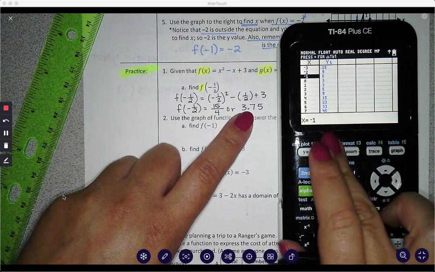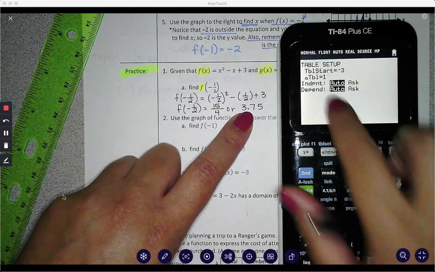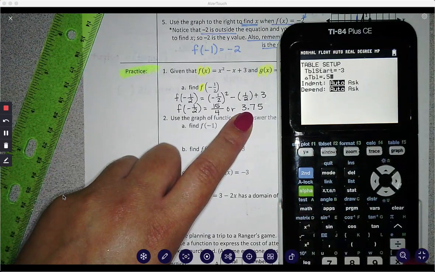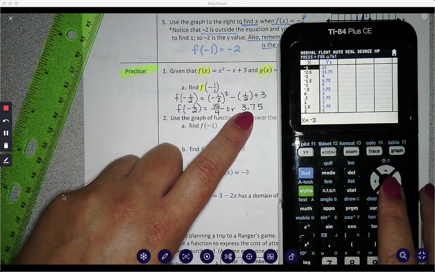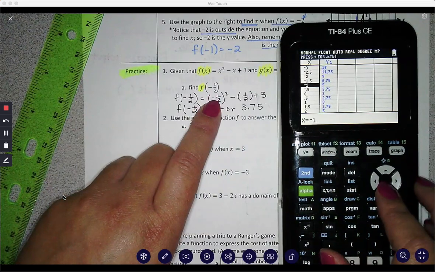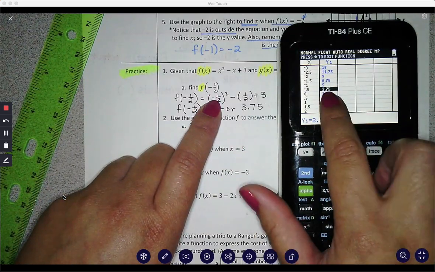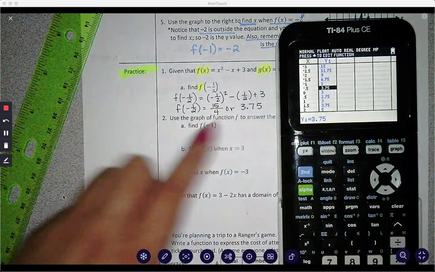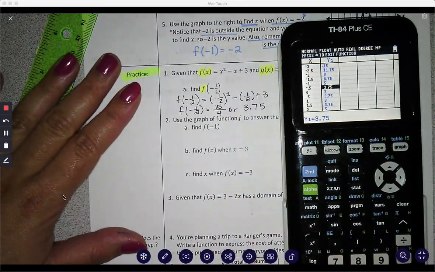So I'm going to go to table set. Right here, I'm going to do 0.5 instead of 1, so that when I go back to my table, it changes by 0.5s. If I do negative 1/2, I get 3.75. This is my answer.